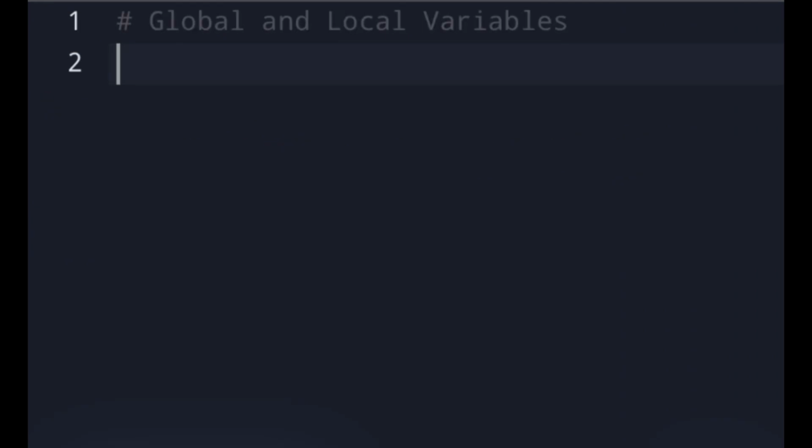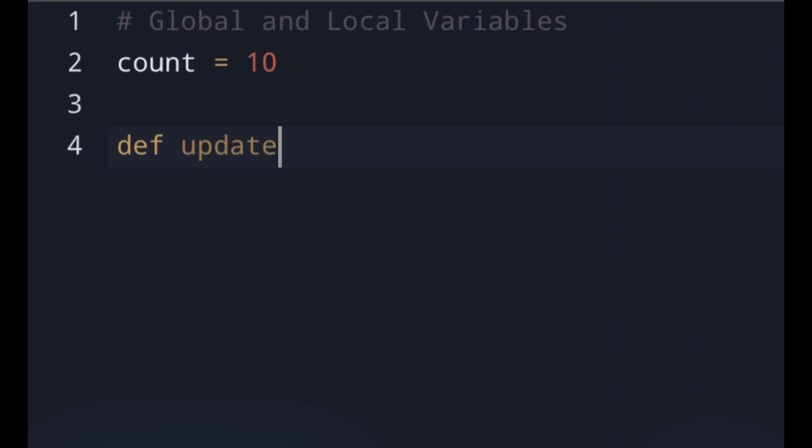Now here's an interview question that many beginners get confused about. Can we modify a global variable inside a function? Let's try this problem. If I take a variable count equal to 10, and I write one function, def update, count equal to 20.